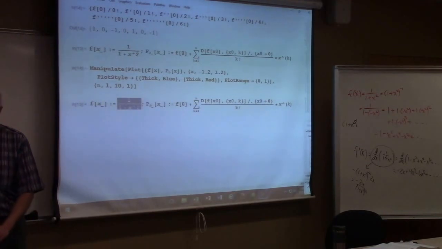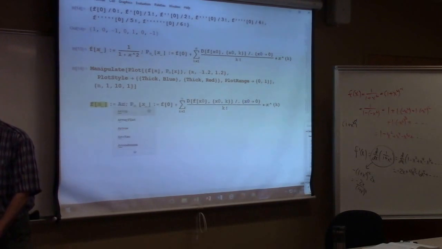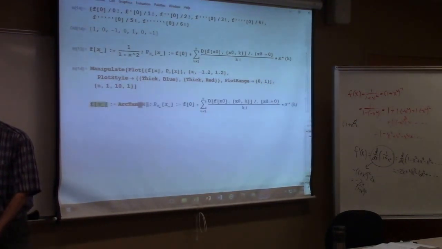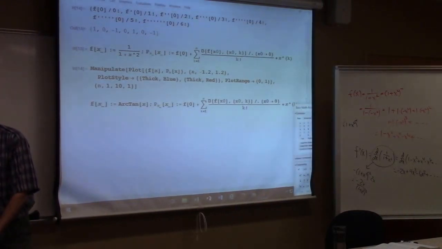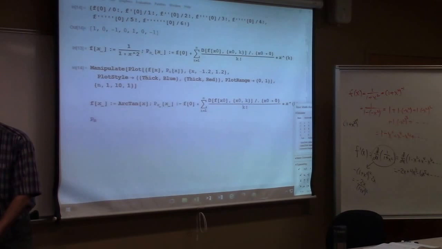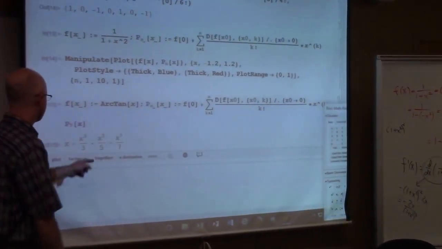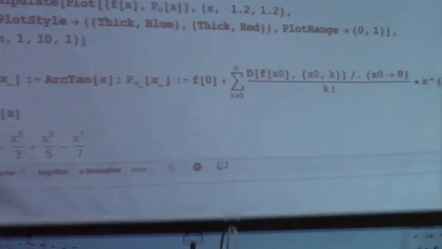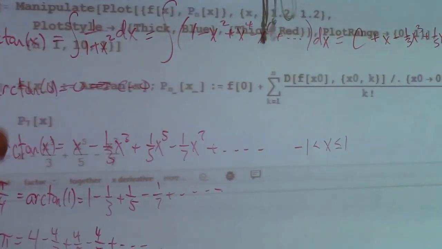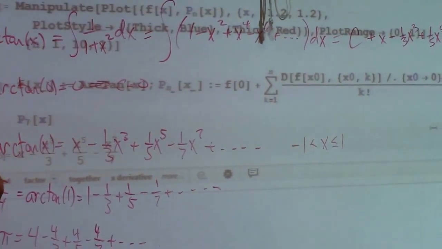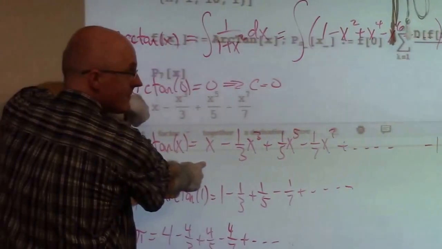If f of x is the arctangent function, what, for example, is P7 of x? There it is. Does it match what I have on the board? Here. They're practically right on top of each other there. Pair this with that. It matches.